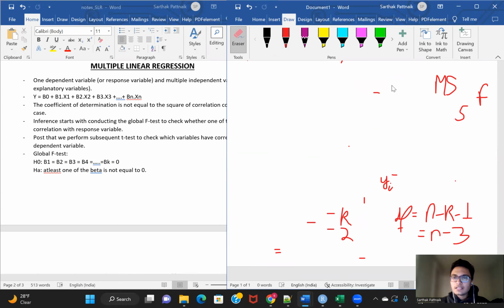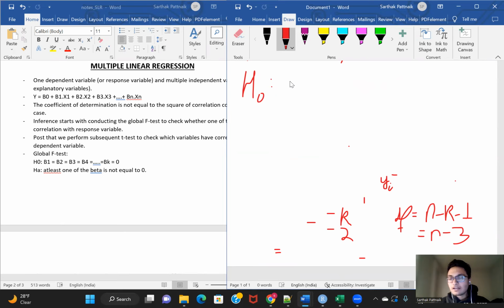In case of a simple linear regression, our initial static condition or null hypothesis was that there is no association between my independent variable and my dependent variable. So that association was represented through the slope of the line or the beta 1 value.